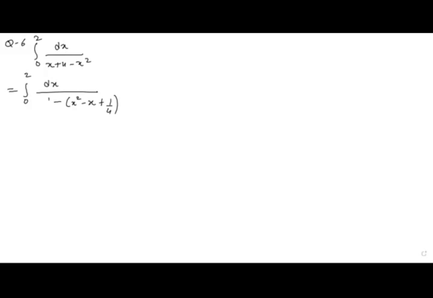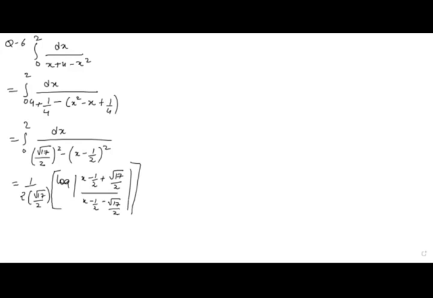Actually I am taking minus 1 by 4. I am balancing the equation by taking plus 1 by 4 and this plus 4 as it is. So finally I will get dx upon 16 plus 1, 17, which can be written as root 17 by 2 whole square minus x minus 1 by 2 whole square.